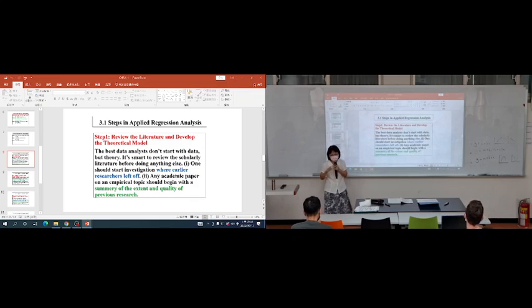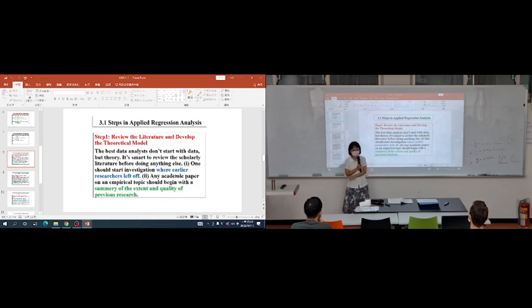Then you can extend a little bit, a step, to do this research. Any academic paper on an empirical topic should begin with a summary of the extent and quality of previous research.